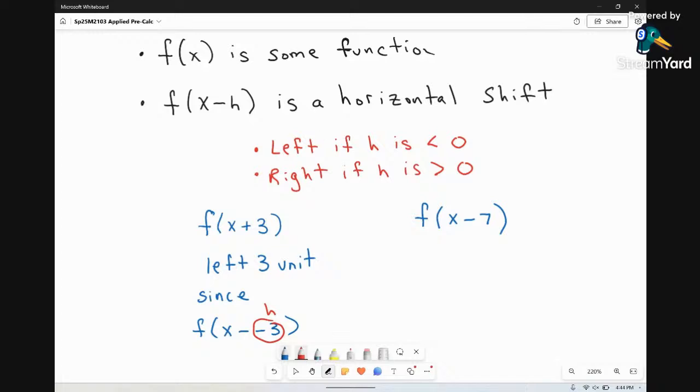All right, this guy over here, f of x minus 7, this is right 7 units. Since f of x minus 7, we can see here h is 7.